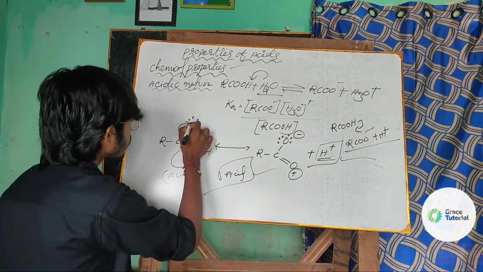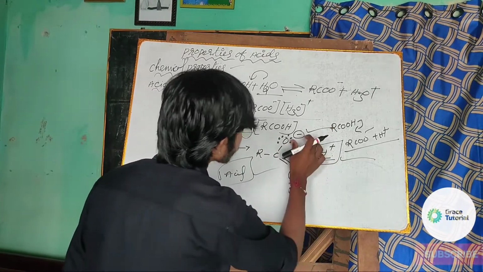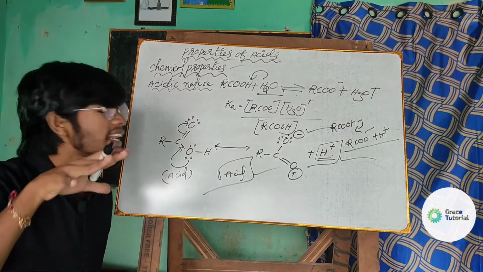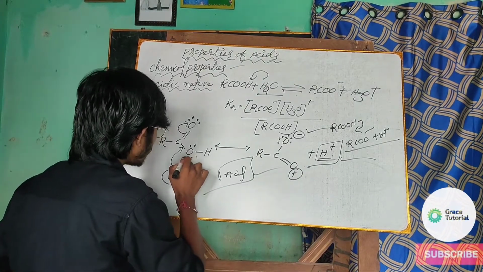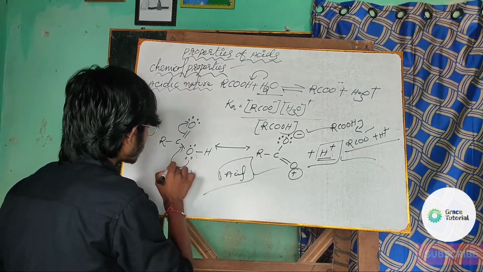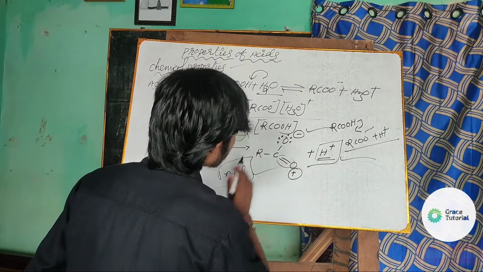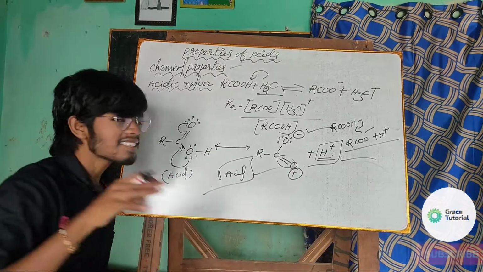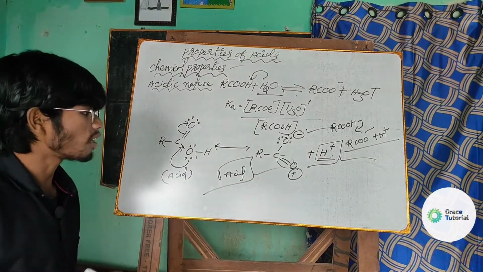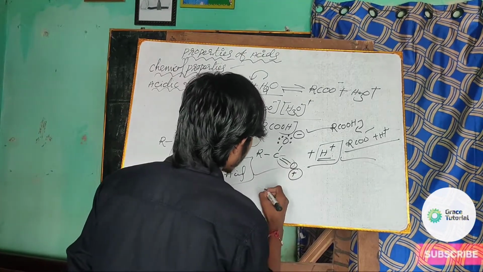That means the oxygen atom attracts the shared pair of electrons towards itself. As a result, the oxygen atom gains a negative charge. Similarly, the pair of electrons here will be shifted to this bond, and finally one more bond, a pi bond, will be created, wherein a positive charge is created on the oxygen atom. That's why this is a carboxylate ion.